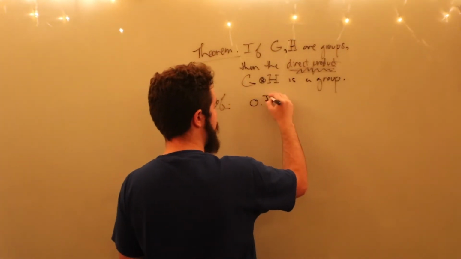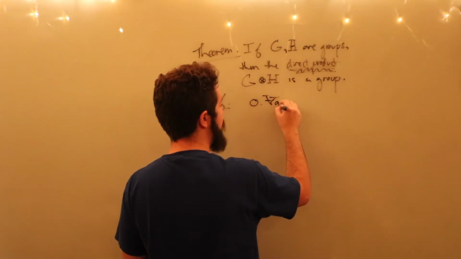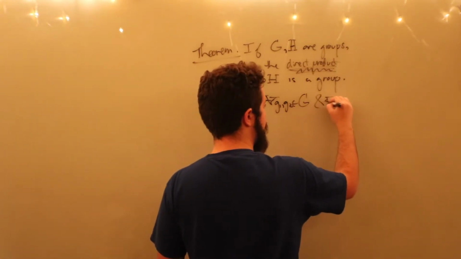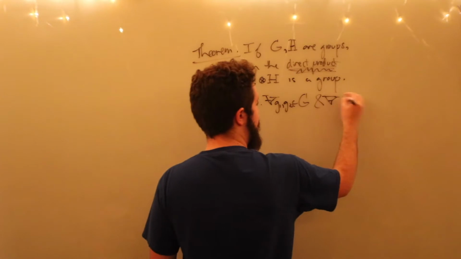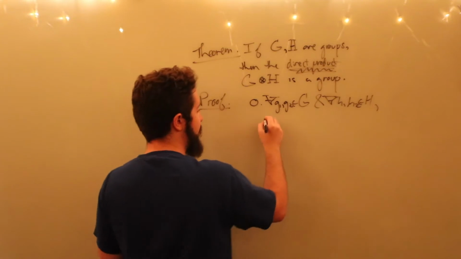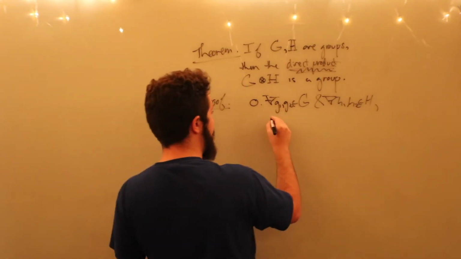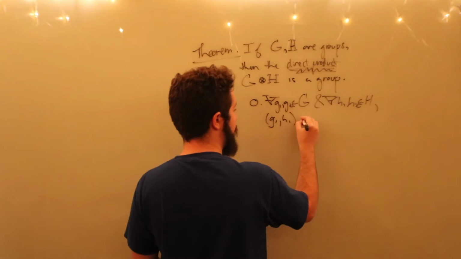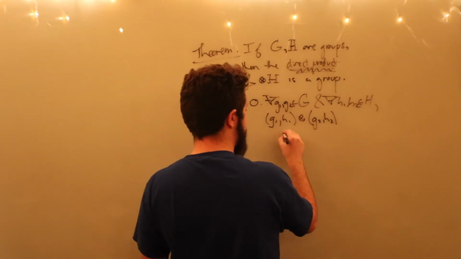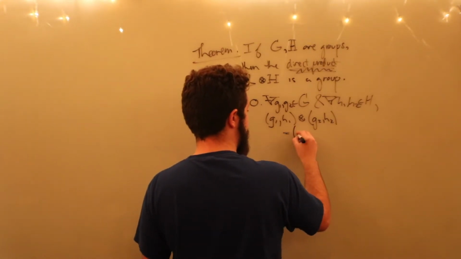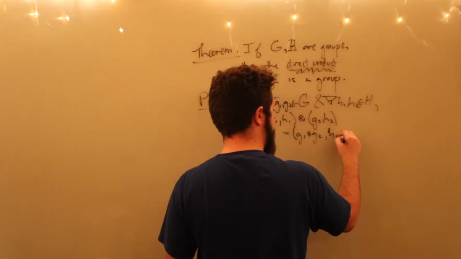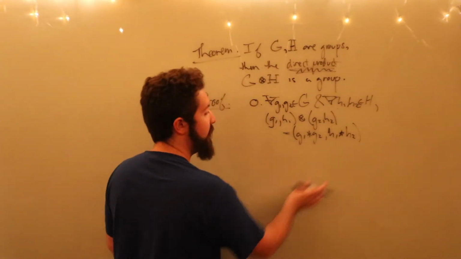For all g1, g2 in the first group G, and for all h1, h2 in the second group H, it's true, defined how we just defined it, that (g1, h1) times (g2, h2) is going to be equal to (g1 asterisk g2, h1 times h2), whatever multiplication operation H has.